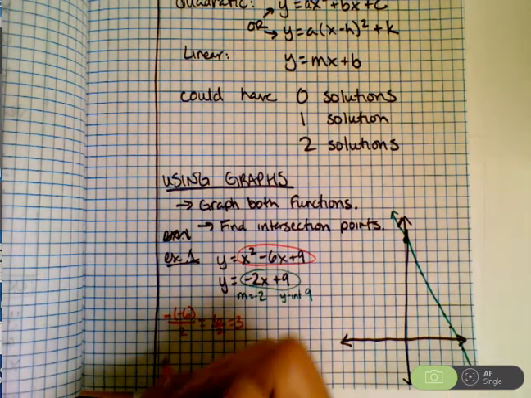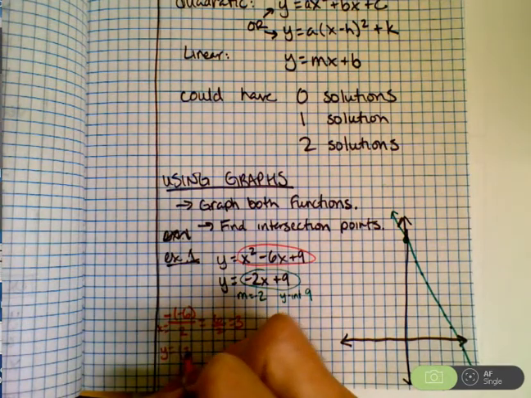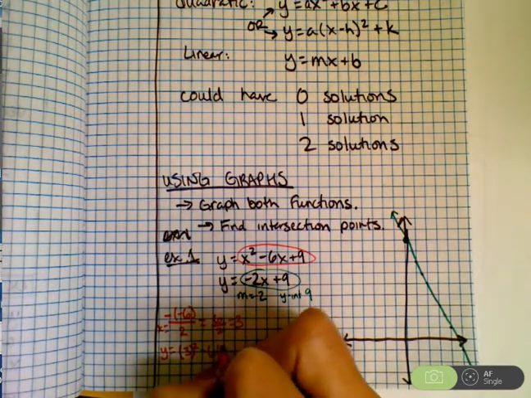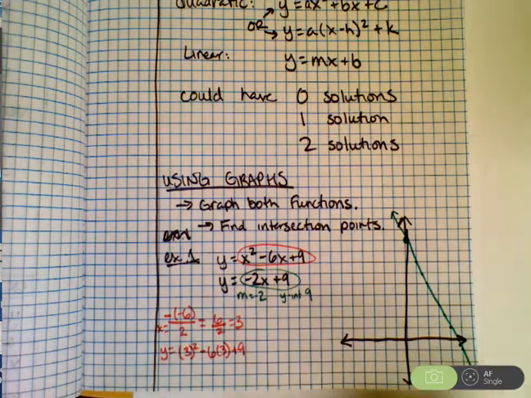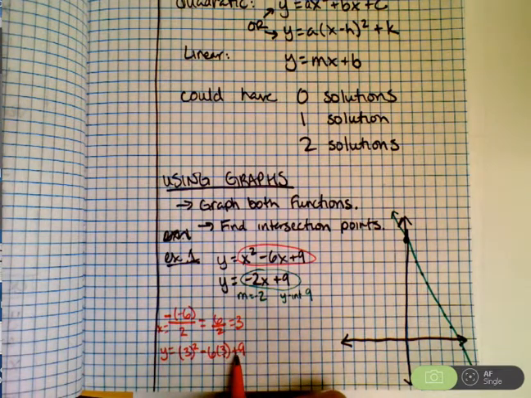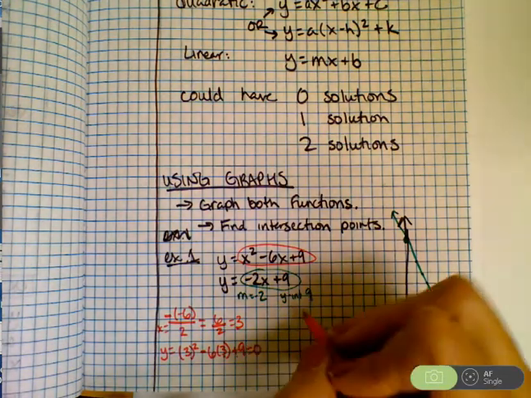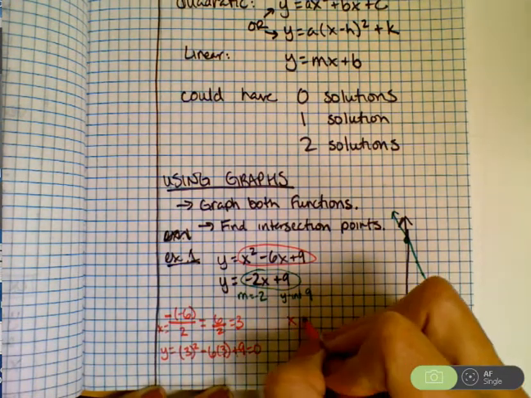So when I plug in, that's my x value. When I plug in 3, I get 3 squared minus 6 times 3 plus 9. Well, 3 squared is 9 minus 18 plus 9 gives me 0. So my vertex is at 3, 0.